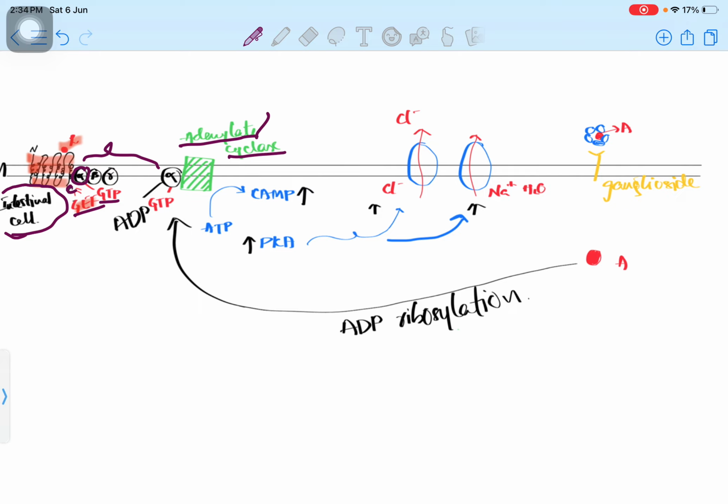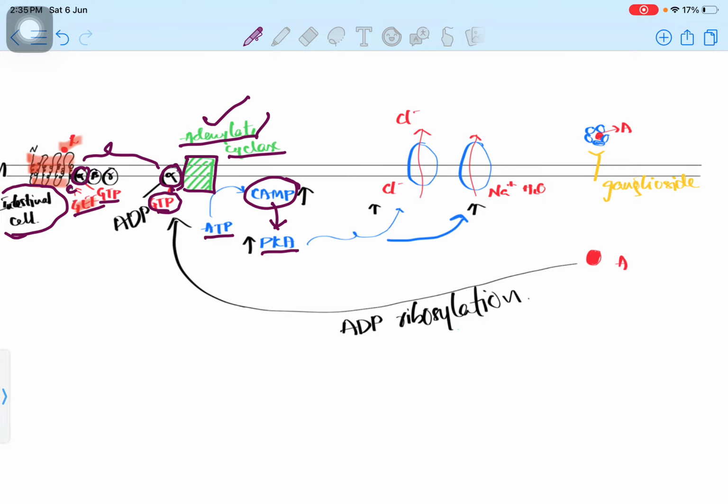it will move towards the adenylate cyclase, or you can call it adenylyl cyclase. Adenylate cyclase gets activated because the alpha subunit is attached with the GTP here. So the GTP will activate adenylate cyclase, and here the cAMP will start forming with the help of what? ATP.